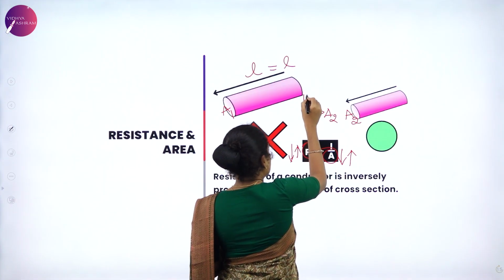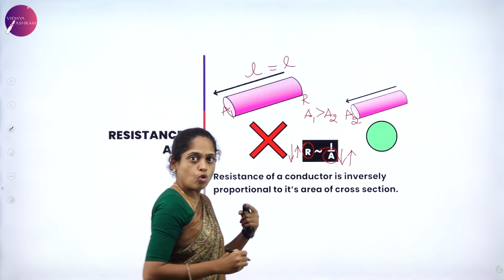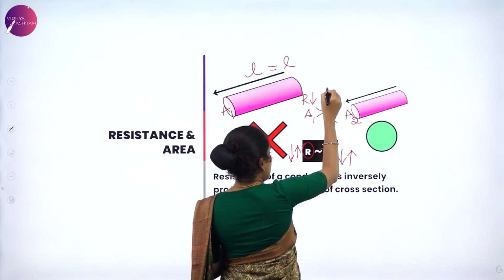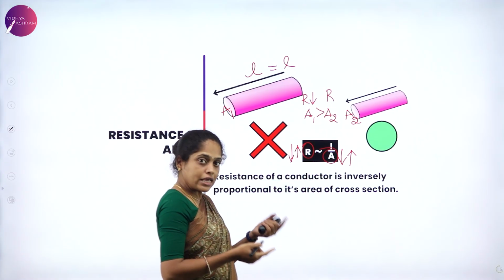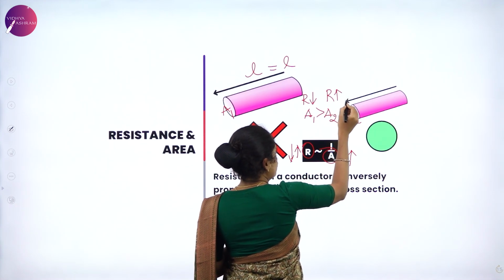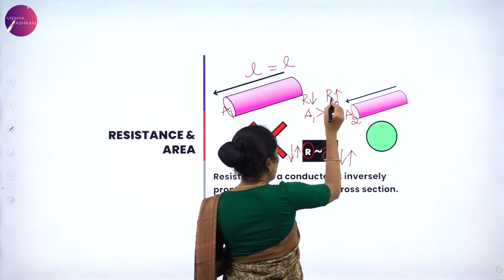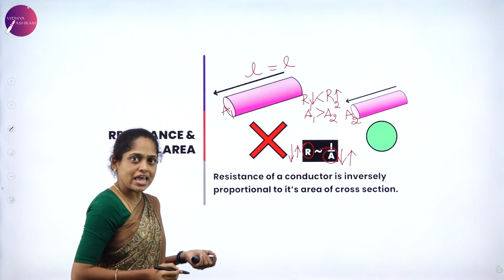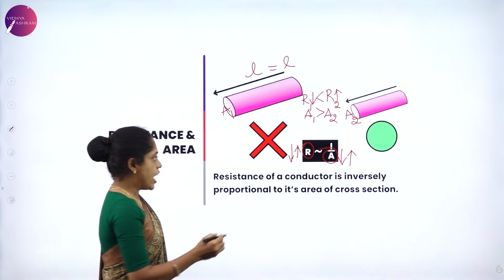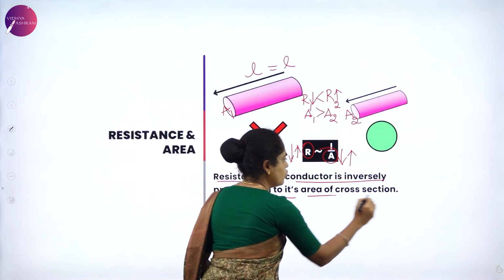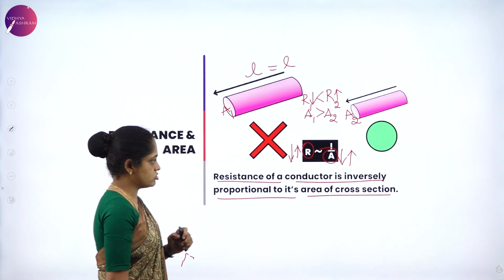The conductor which has more area has less resistance, and the one with less area has more resistance. So let us consider this as R2 and this as R1. So R2 is greater than R1, as resistance of a conductor is inversely proportional to its area of cross section.